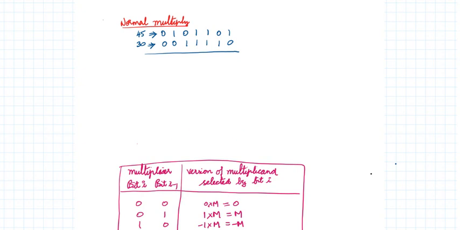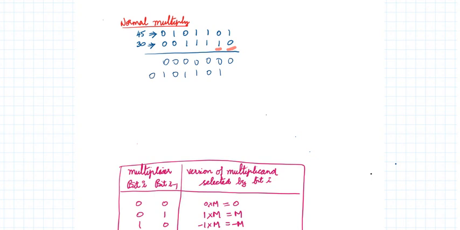First I am taking this first 0, so multiplying with the multiplicand, all will become 0. Next I am taking the 1, and it will become 1 0 1 1 0 1 0.